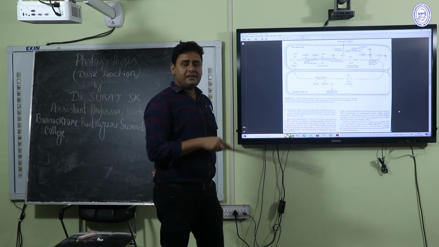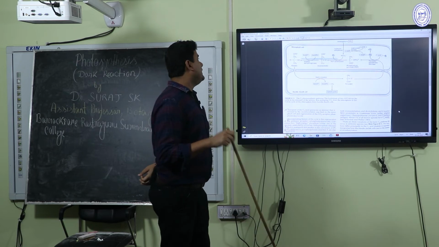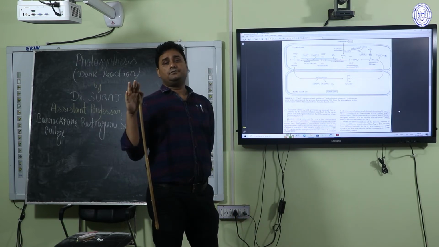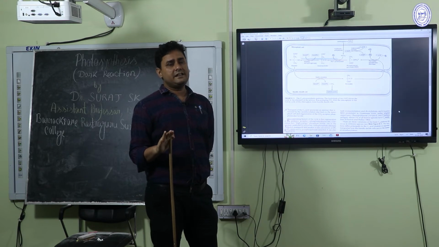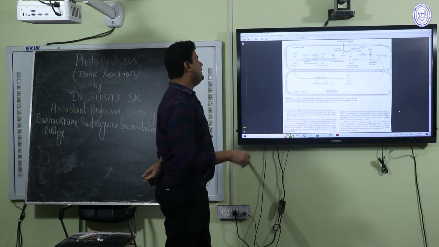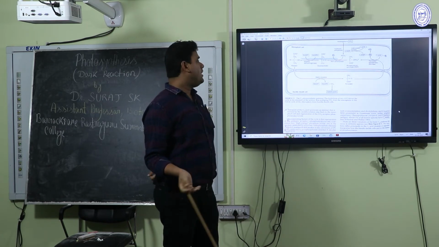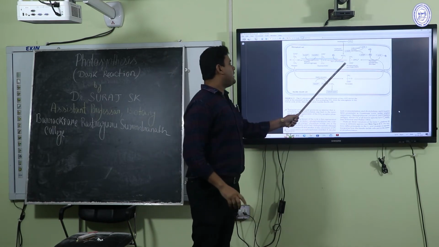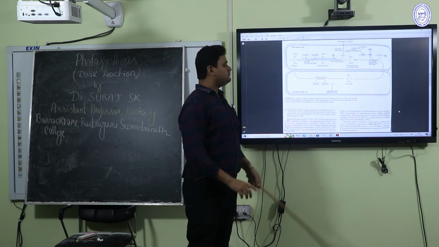In the C3 cycle, finally, what did we see? We saw that ribulose 1,5-bisphosphate will be regenerated. But here in the C4 cycle, what did we see? We saw that phosphoenol pyruvate will be regenerated.